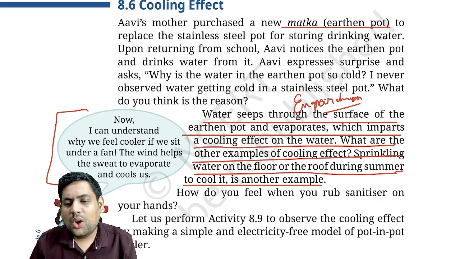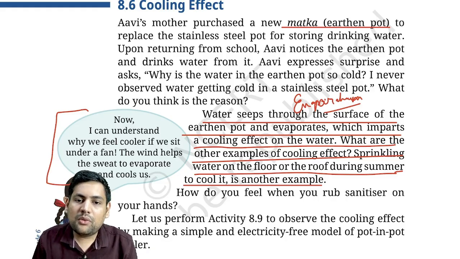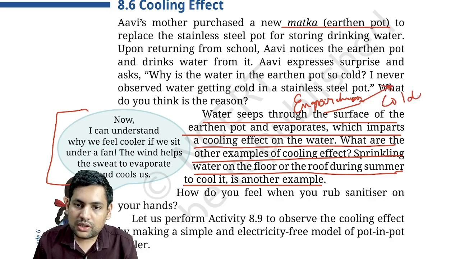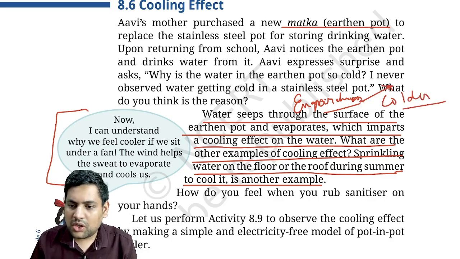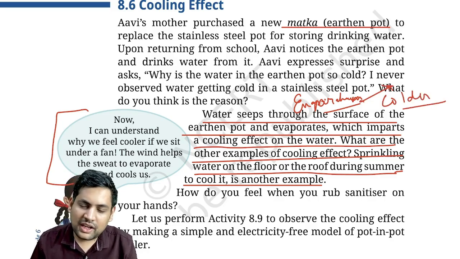All these very charged surface layer atoms go away. When they go away, the remaining part becomes colder, because suddenly all those high energy particles are gone. So now you feel a cooling effect because of evaporation.